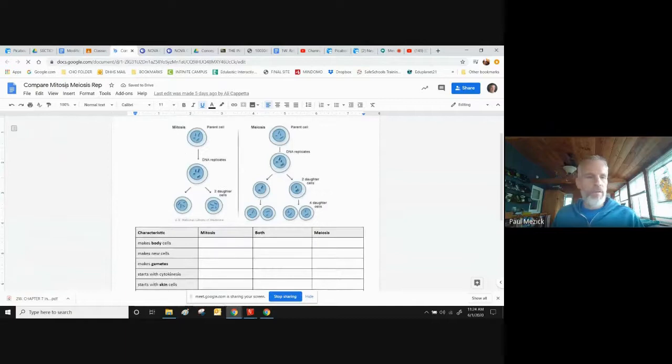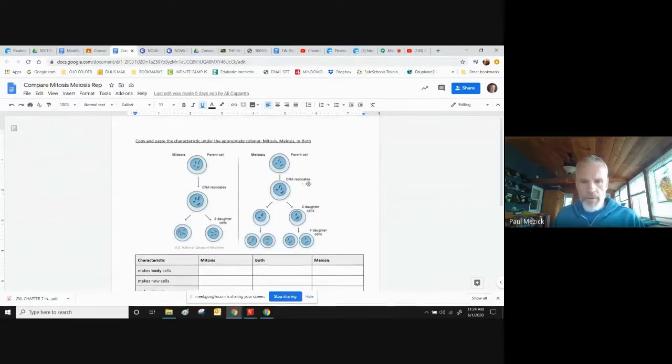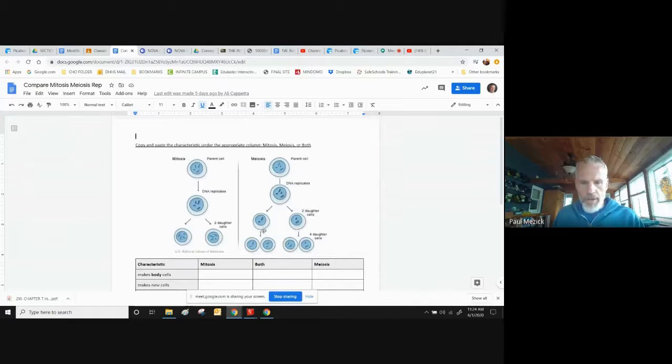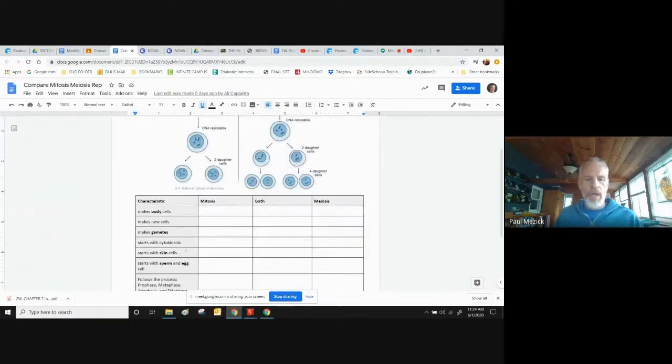You can do this right in the document. Please make sure to make a copy and not to write into the original. Mrs. Capetta put this together, and she's trying to see if you can look at both and come up with things that happen in mitosis, things that happen in meiosis, and things that happen in both. And so you can use the Venn diagram that you started today.